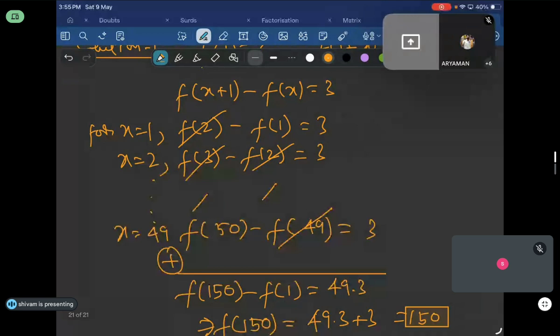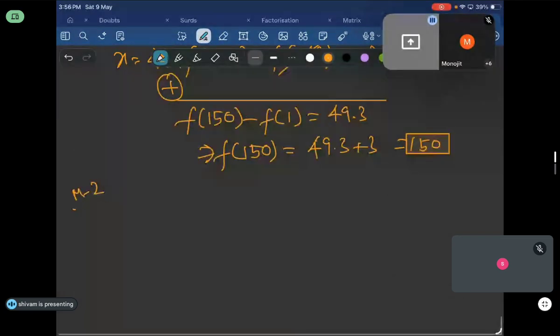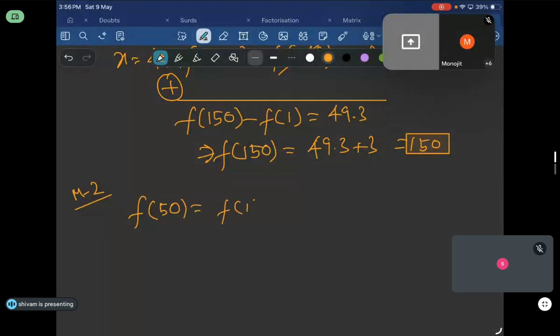Yes, Satyaki, tell me, you have a doubt? Sir, in this question, can we solve it like f of 50 equal to f of 1 plus f of 49, then f of 1 plus f of 1 plus f of 48, and so on till all the terms of f of 1? Correct. Method 2, this is also correct, everyone. f of 50 can be written as f of 1 plus f of 49.